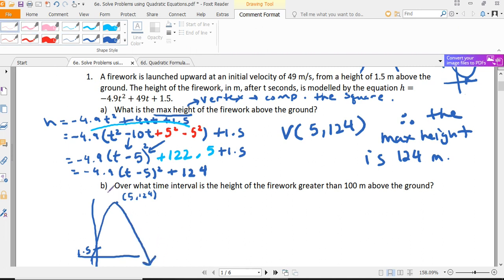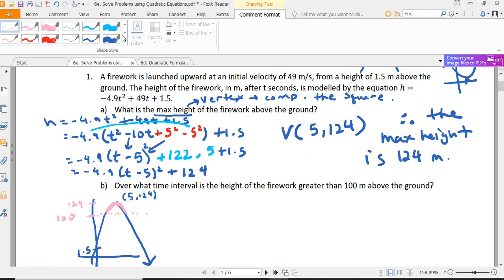So the question is asking, let's pretend that's 100, because we know 124 is about right there. How much time does it spend in this section above 100 meters in the sky?